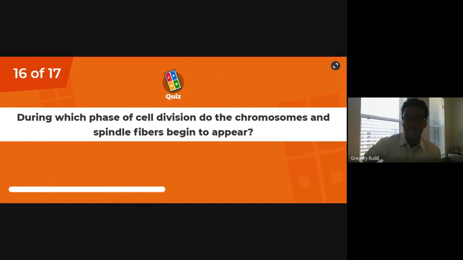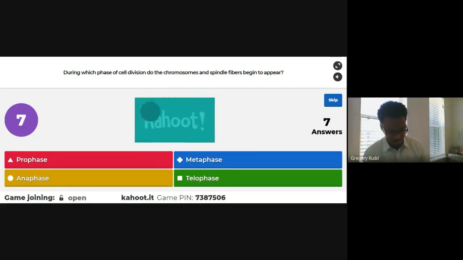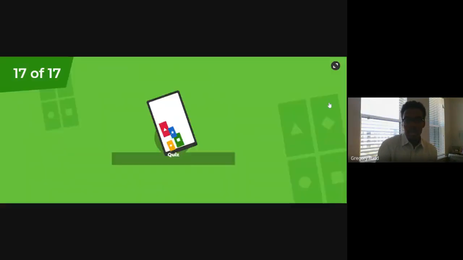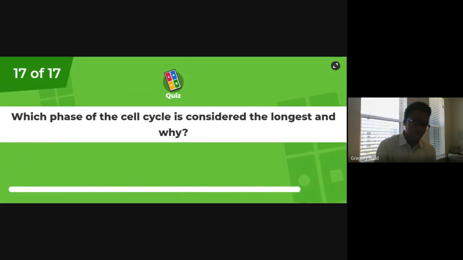During which phase of cell division do the chromosomes and spindle fibers begin to appear? Prophase. Excellent. And last question. Which phase of the cell cycle is considered the longest and why?